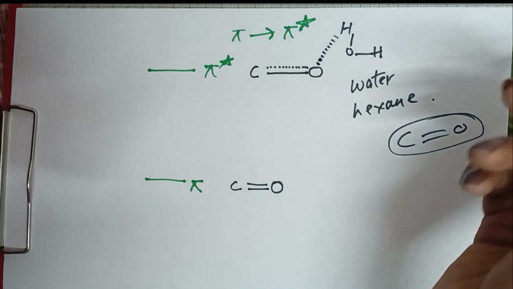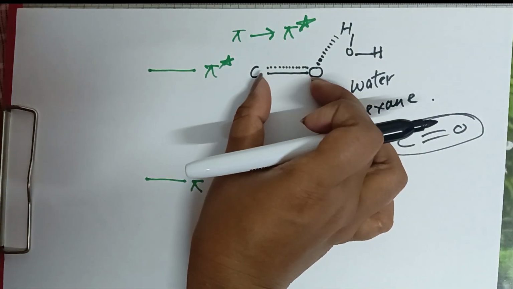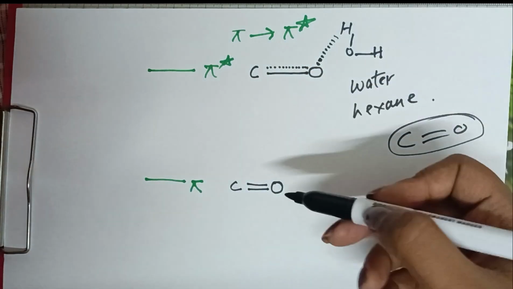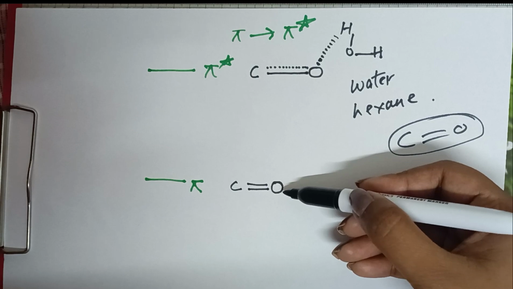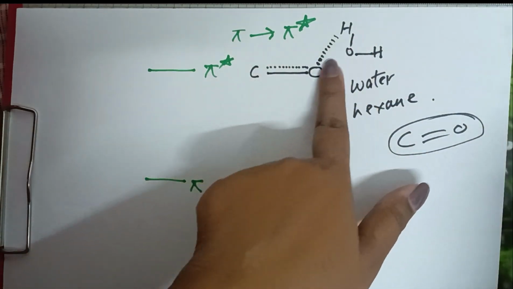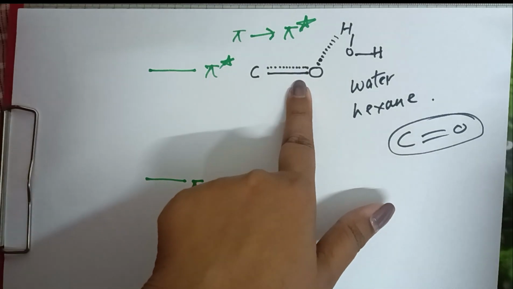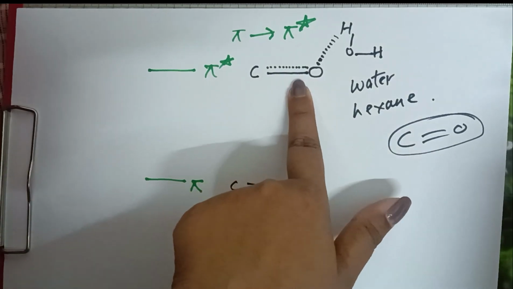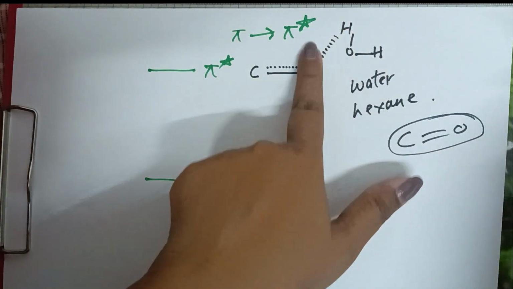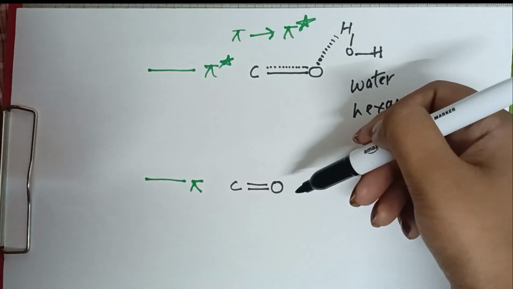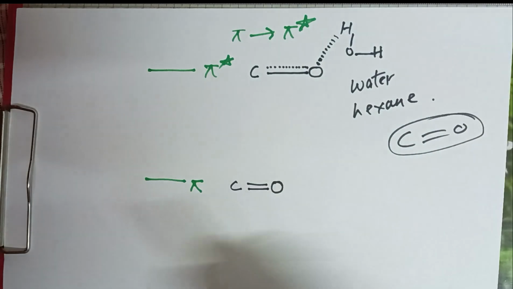These types of interactions. Only when this bond elongates, that is, it becomes a bit weaker than the bond in the ground state, then these interactions happen, right? This is in the ground state and this is the carbonyl bond in the excited state when it is going to interact with the water molecules. So this is what we assume theoretically happens.